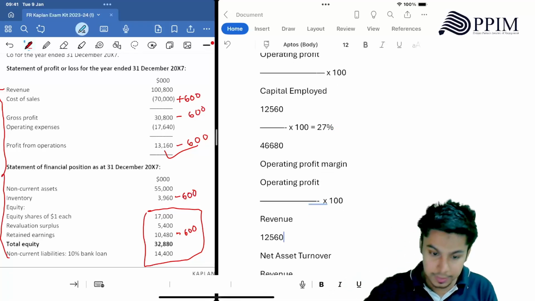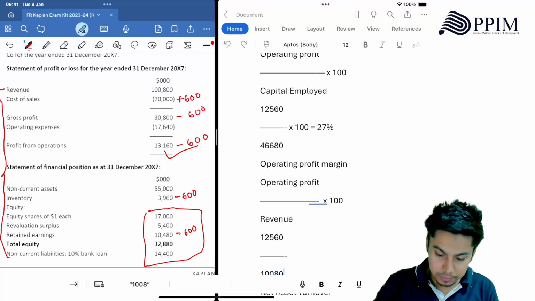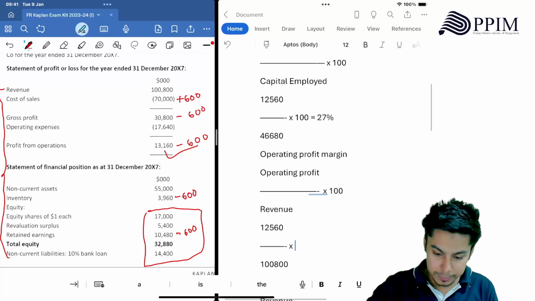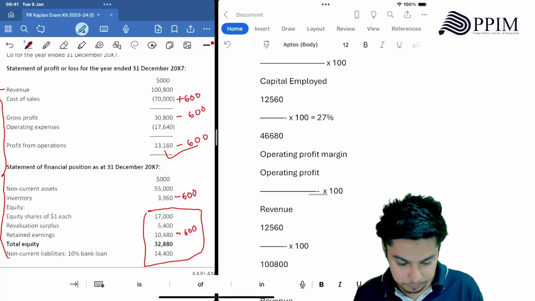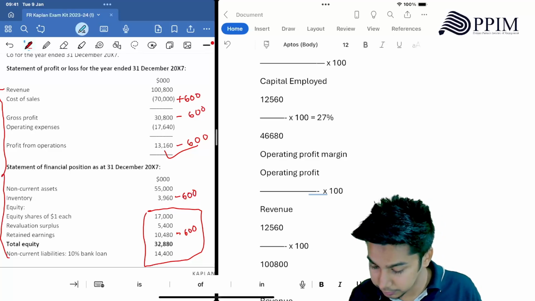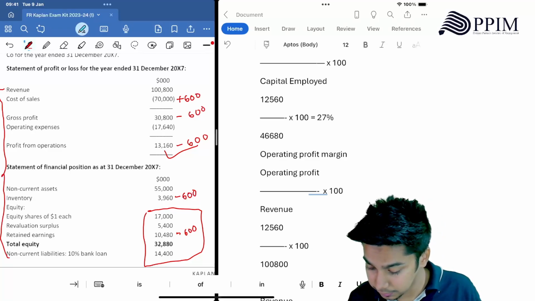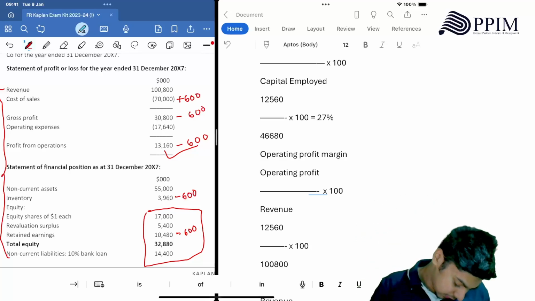Okay. Next one, divide the whole thing by revenue. What's the revenue that we have over there? Revenue is 100,800. So 12,560 divided by 100,800, into 100%. There's something wrong with this calculator.